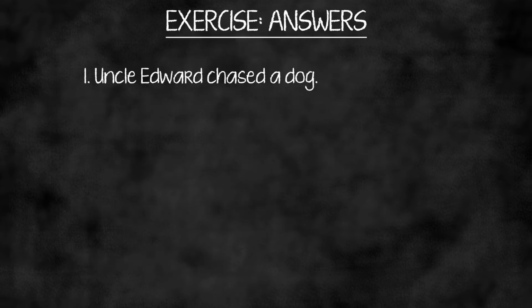Uncle Edward chased a dog. The action is chase. Chased is the verb. Edward is who or what chased. Edward is the subject. We have a receiver of the action. Uncle Edward chased who or what? Dog is a what?